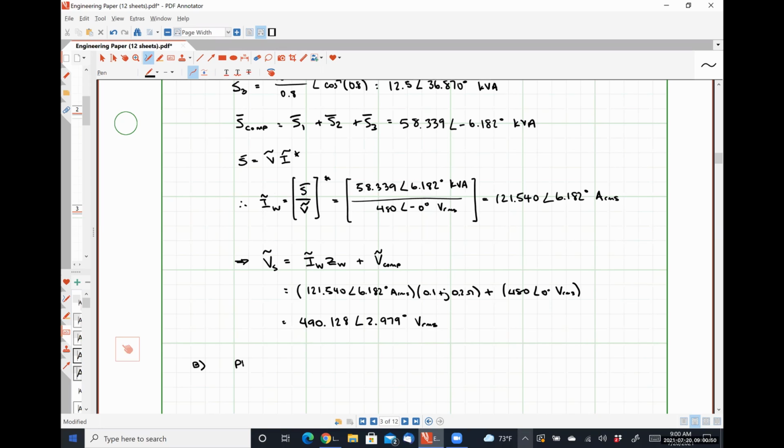The power factor for our voltage source is going to be the cosine of the phase angle of the voltage, 2.979 degrees, minus the phase angle of the current flowing through the voltage source, which we know to be positive 6.182.